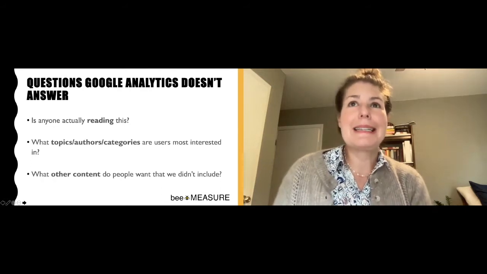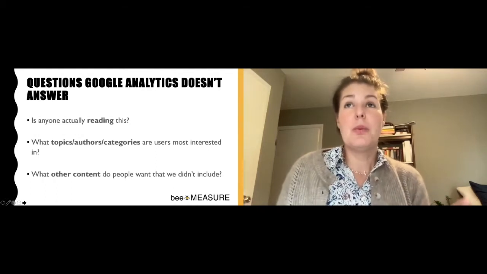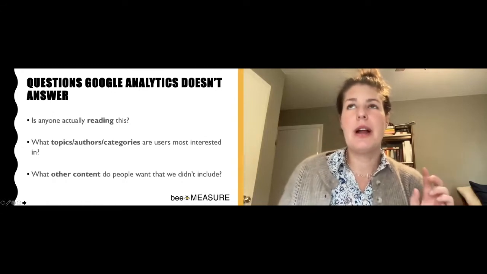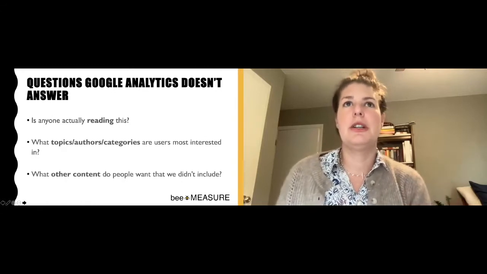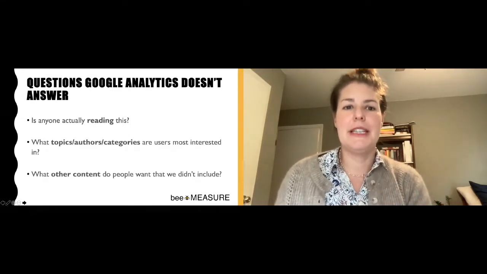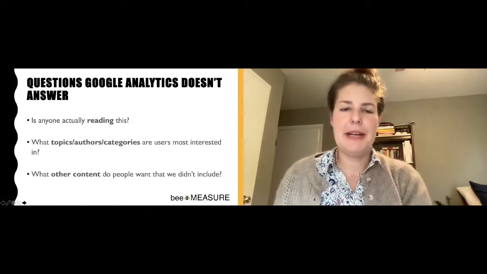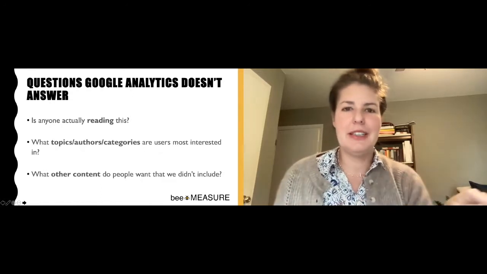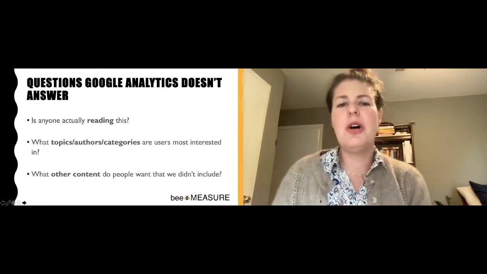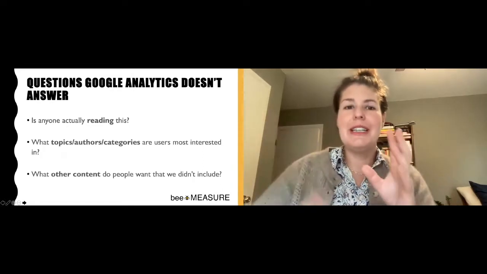They viewed it, but did they read half of the report? Did they read the whole report? We don't know. We can look at time on site, but honestly, average session duration, average time on page, honestly, that often can be inaccurate, because if people are coming directly to that page and then they are leaving without interacting with your page in any other way, Google doesn't know how much time they actually spent on the page, because it needs a timestamp.